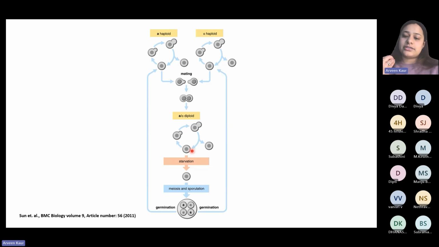And after the conditions are favorable again, this outer coat or outer covering that was protecting this particular yeast will be broken down and these spores will be released, and they are very, very viable. They can go and mate with one another, with the other spores. They can form a diploid yeast, and then again asexual reproduction can begin.